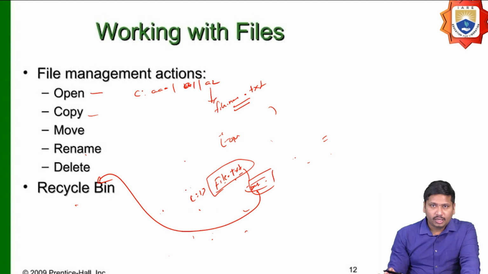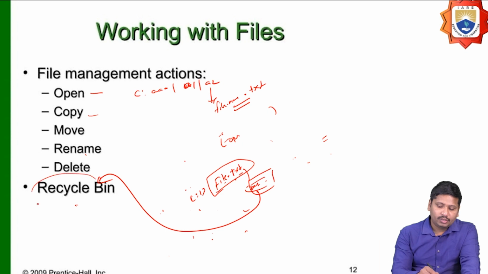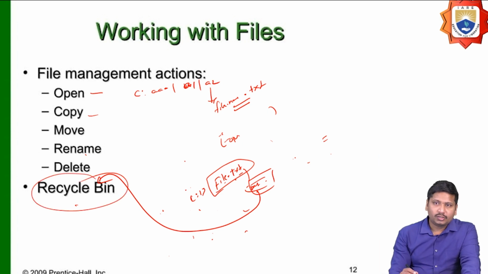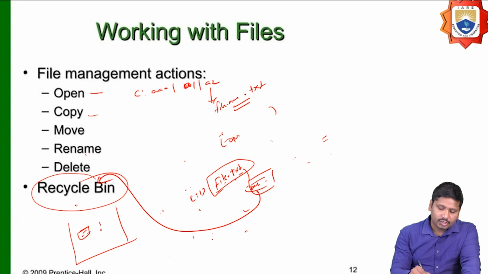It is not completely deleted from the system. Whatever files are deleted from the folders go to the recycle bin, and the deleted files are available there. If I right-click on one, we have the option of restore.